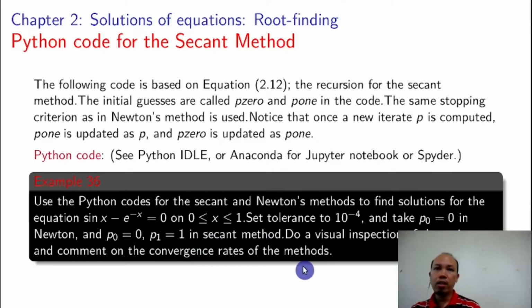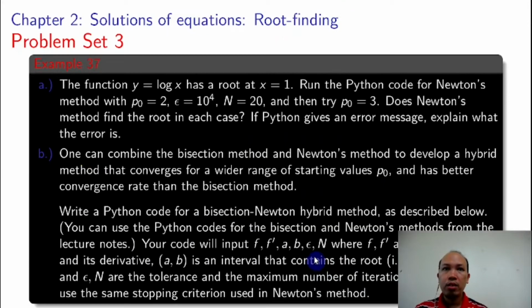So I think the Newton's method is faster than the secant method based on the calculation. It takes 4 iterations for Newton's method, while 5 iterations for secant method to get the root of the equation sine x minus e to the negative x equal to 0 at the interval 0, 1. Okay, so this is your problem set number 3.